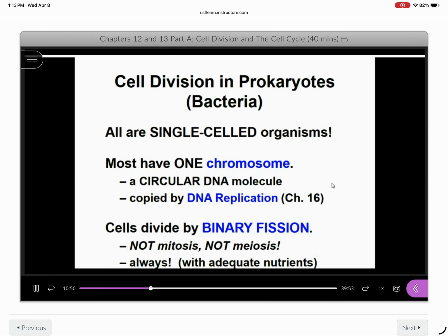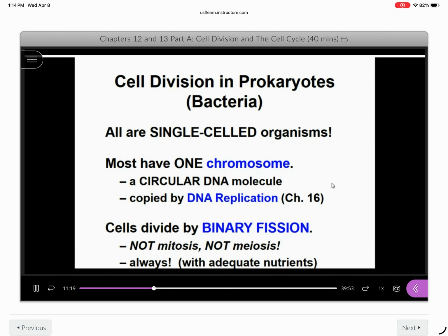In bacteria, cells divide in a process by which they lengthen, and then they split in two. That process is called binary fission. Again, the cell lengthens and it splits in two. Let's be clear, that is not mitosis. That is not meiosis. It's binary fission.